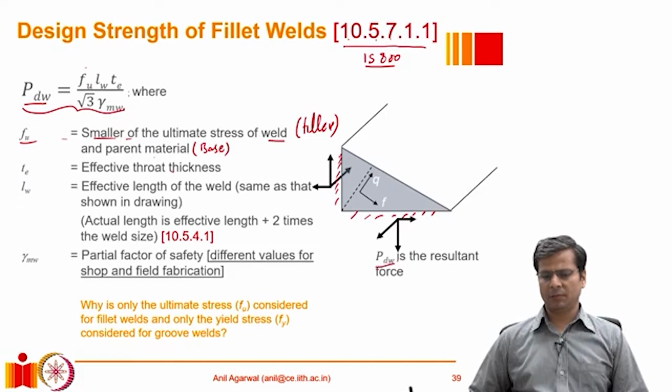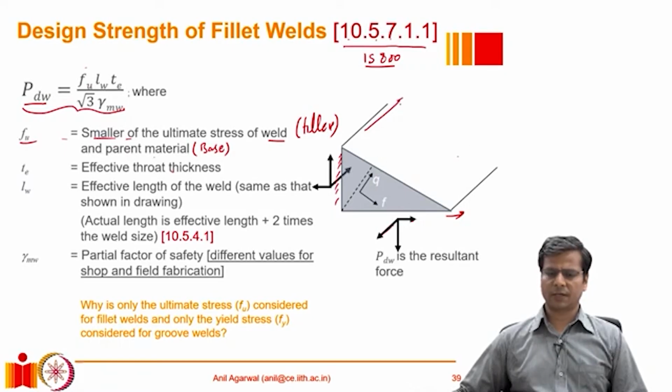So P_dw is the resultant of all three forces. In other words, if there is a P_dw force, it can have three components. The first component could be in the horizontal direction, the other in the vertical direction, and the third component in the longitudinal direction of the weld. So this is the longitudinal direction of the weld.